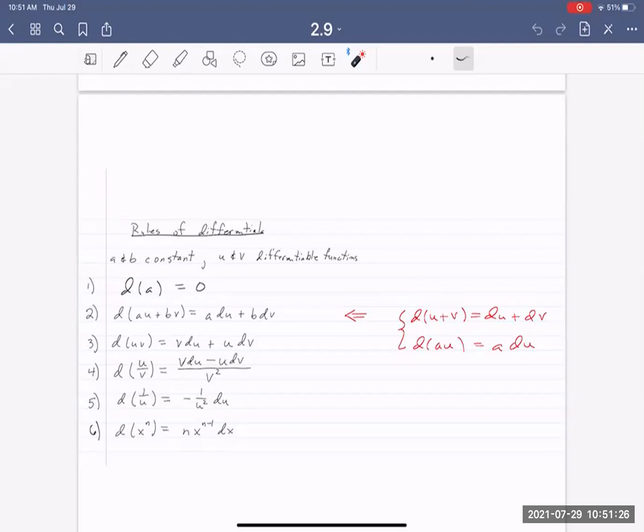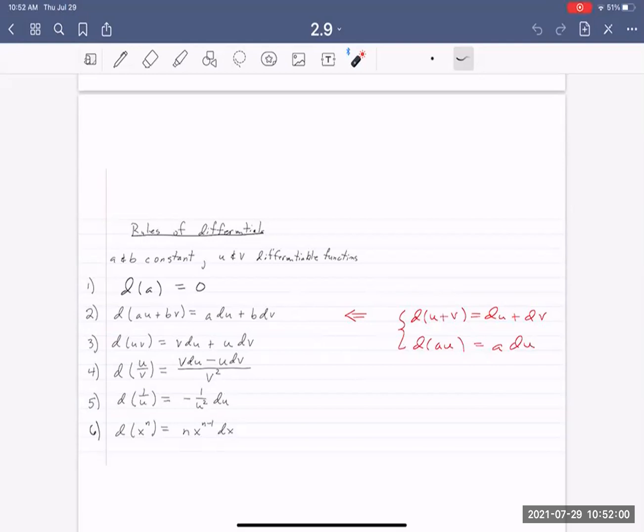And we have the sum rule and the constant multiple rule. The differential of au plus bv is a du plus b dv. We can think of these as being the sum rule and the constant multiple rule. d of u plus v is du plus dv. d of au is a du.